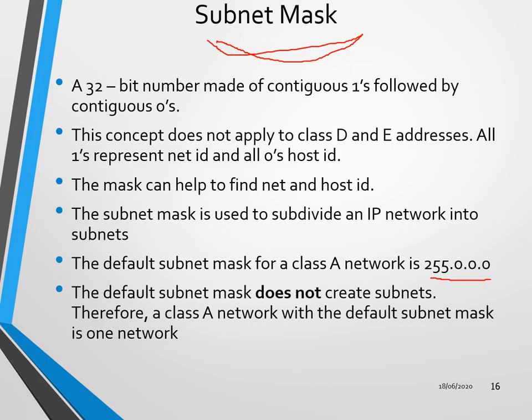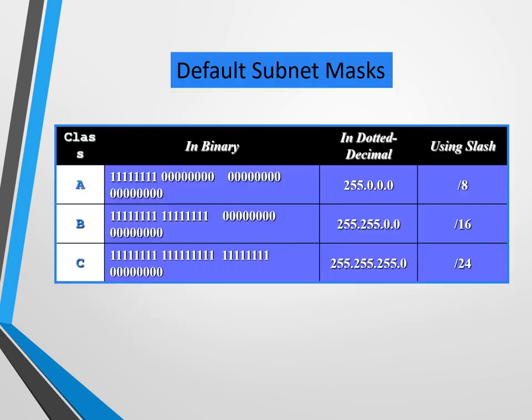Therefore a class A network with the default subnet mask is one network. Here you can see in binary the default subnet mask for class A: the bits of the net ID are all ones and the bits of the host are all zeros. So in dotted decimal notation, all ones means 255.0.0.0.